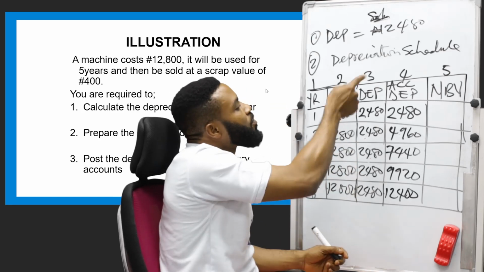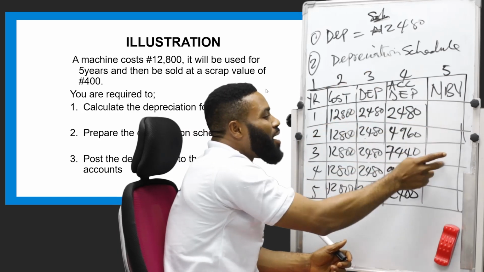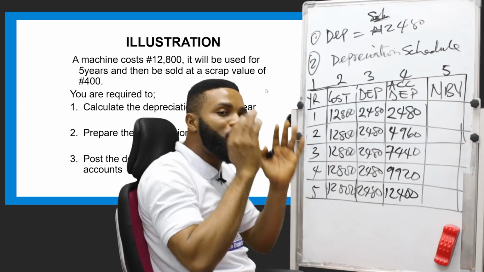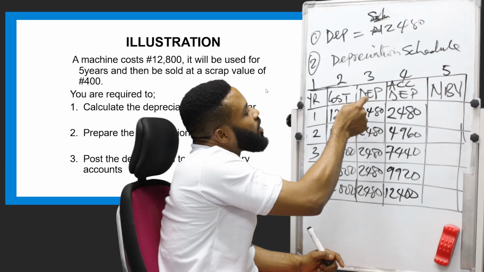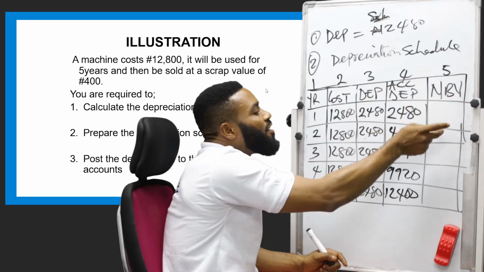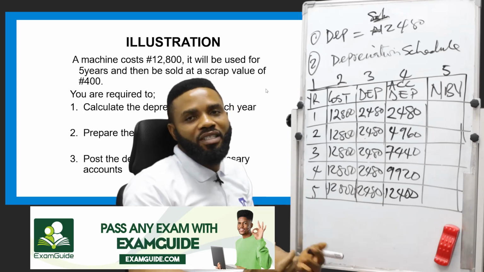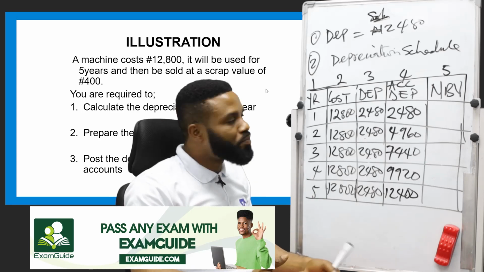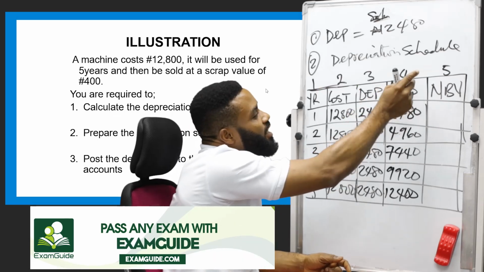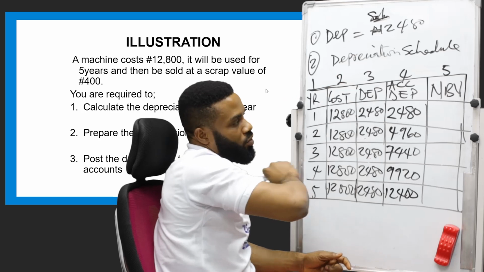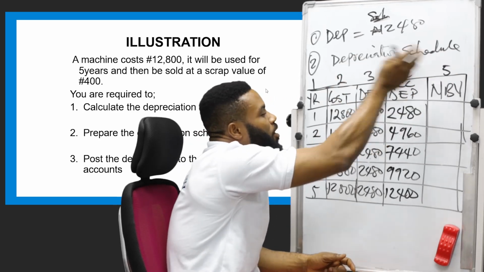If you subtract column 3 from column 2, you always get the same answer here, which is very wrong. Let me emphasize that. You know that the value of the asset cannot be the same all through the period. So you cannot do that. Rather, you are going to subtract column 4 from column 2.